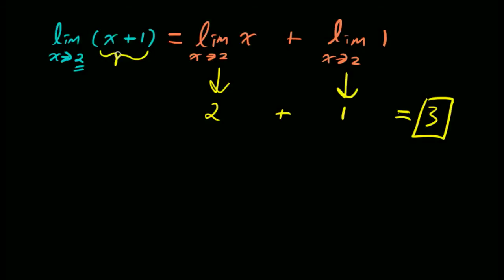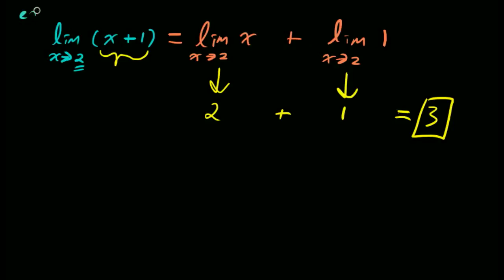And if we had been looking for the limit of this function as x approached pi, we could have put pi in and gotten pi plus 1, which is 4.14159 whatever, whatever. So this wasn't really a surprise, right? We just used our limit properties to break this up into the sum of two separate limits. So anyway, that was our first example.